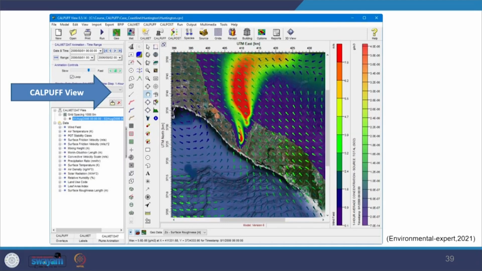For example, you have CALPUFF View, which is a commercial version, very user friendly in terms of the input and output routines which are available with it.